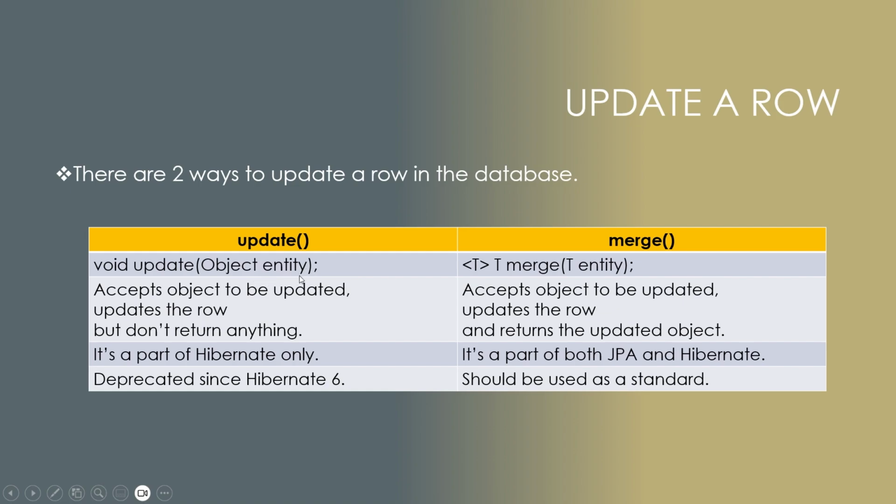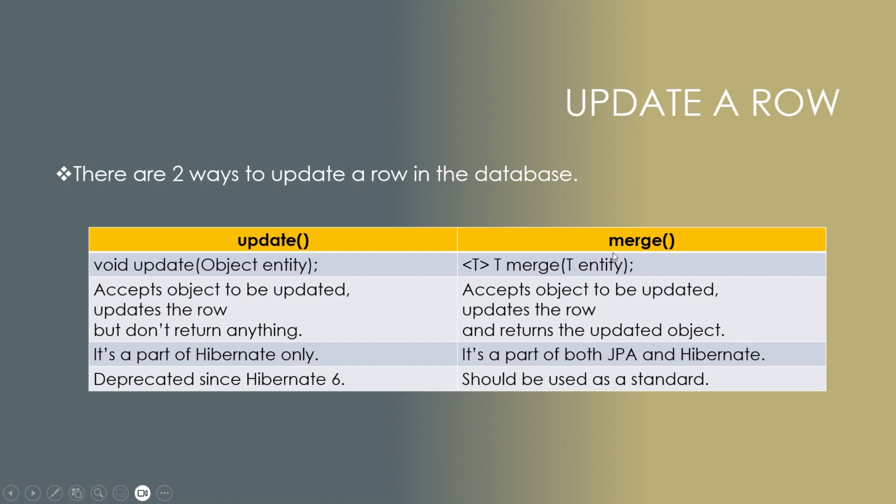Generally, we first fetch the object from the database, manipulate it whatever way we want, and then save it again. How do we save it again? By calling the method update. Update method returns void, which means it is not going to return you anything. It accepts the updated object, updates the row or multiple rows, and does not return anything.